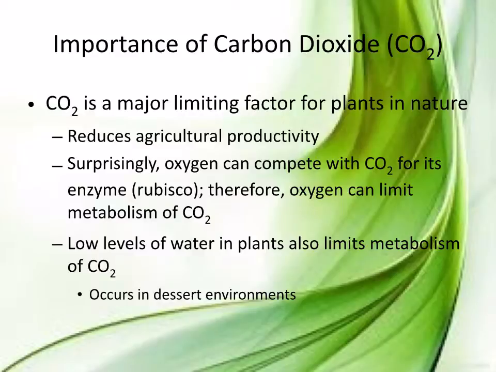So oxygen can therefore limit the metabolism of CO2. Low levels of water in plants also limit the metabolism of CO2. We explained that earlier, how water serves as a solvent on the leaves. So if we don't have enough water, the plant is not able to incorporate as much CO2. This often occurs in desert environments.